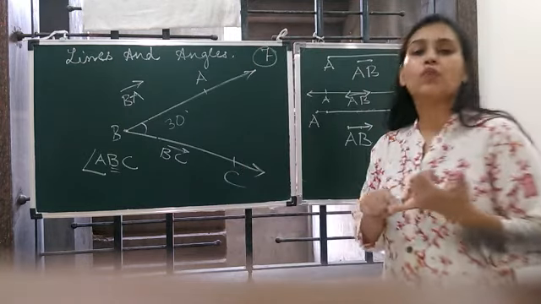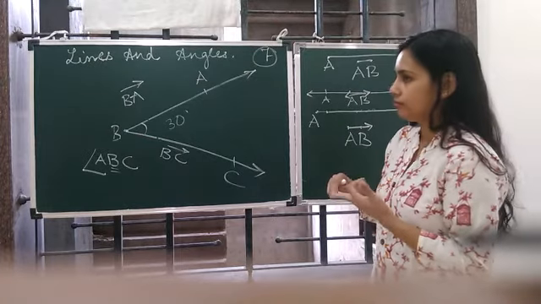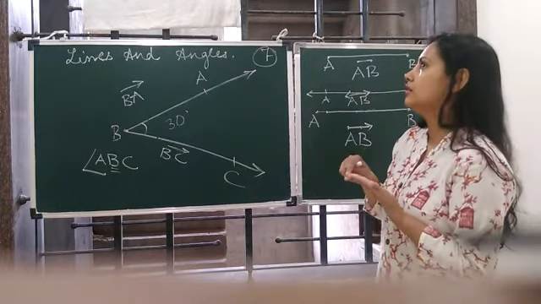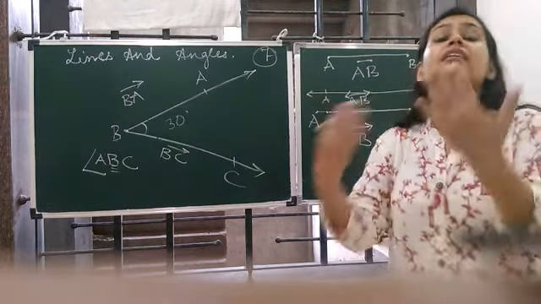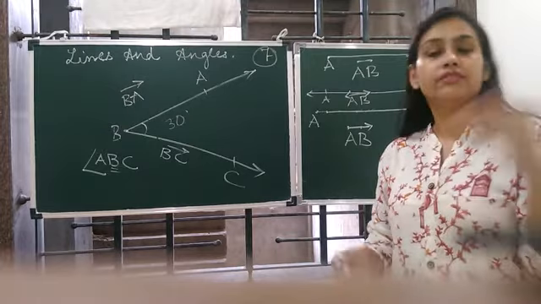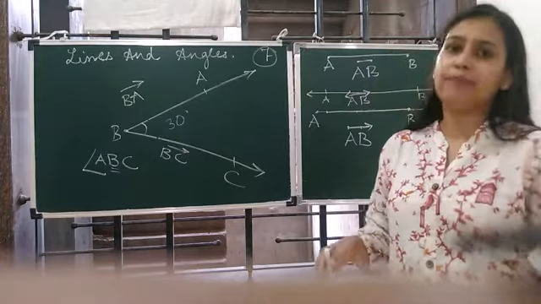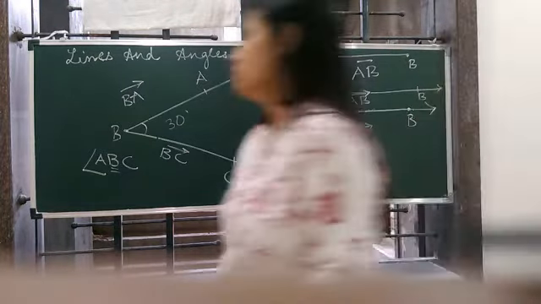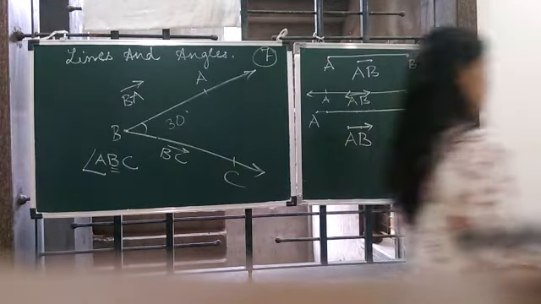Acute angle, smaller than 90; right angle, equal to 90; greater than 90, then it's an obtuse angle; equal to 180 degrees, then it's a straight angle; greater than 180 degrees, then it's a reflex angle; if 0 degrees, then zero angle; and if it is a complete 360 degrees, then it's a complete angle. Okay, so these are the different types of angles which we have studied in our lower classes.